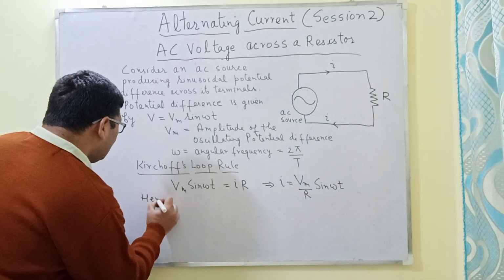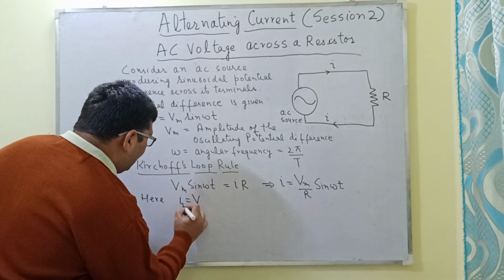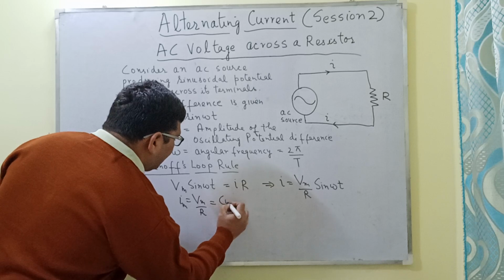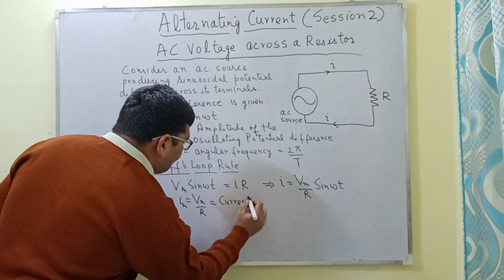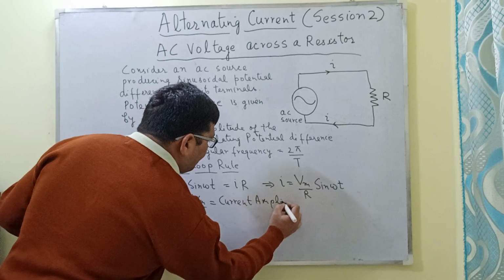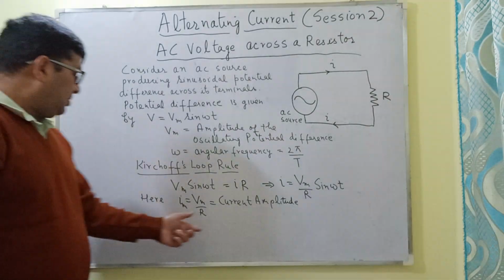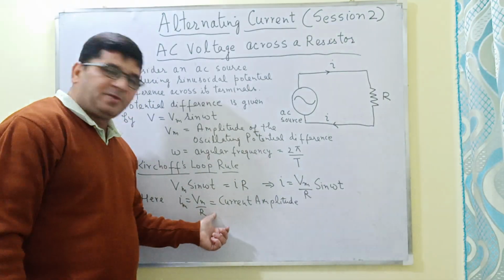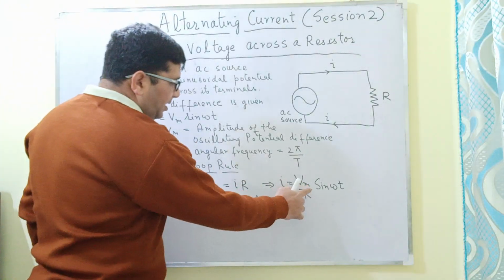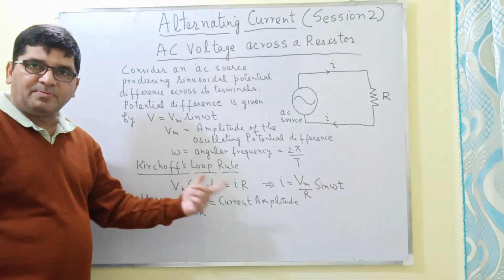Here Im is equal to Vm upon R, where Vm is the amplitude of the oscillating potential difference, and this is called the current amplitude, the amplitude of the current.